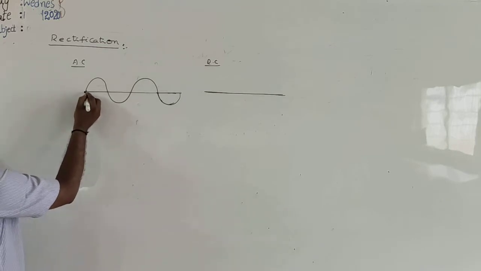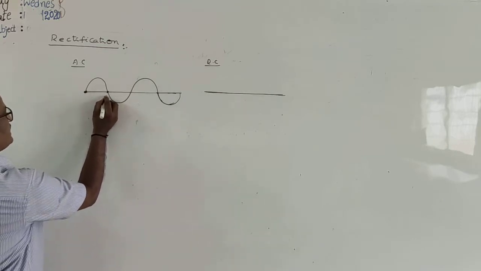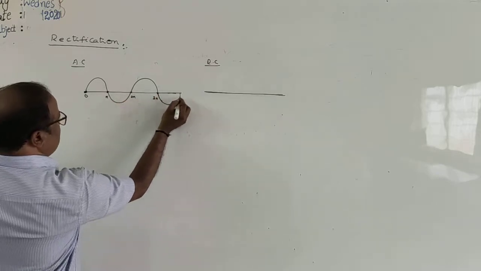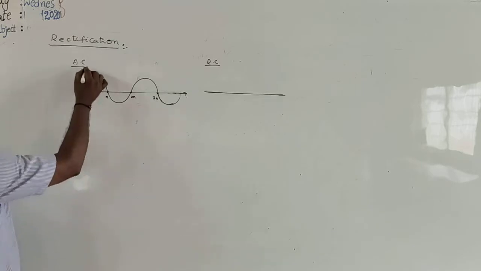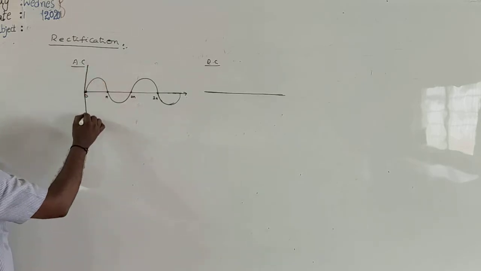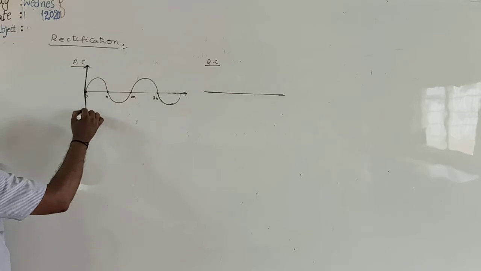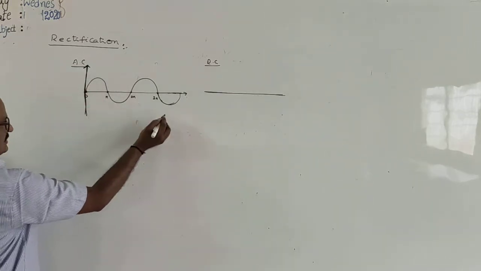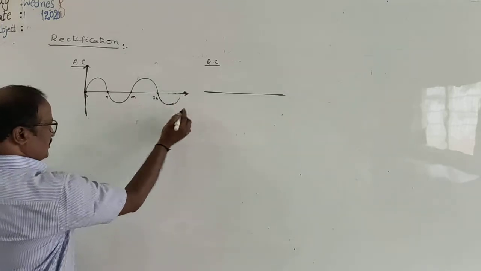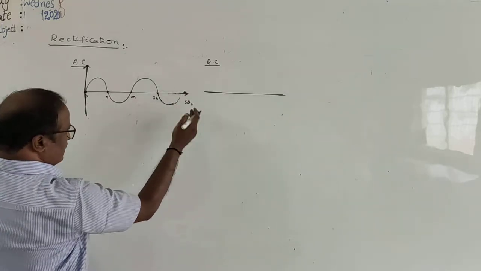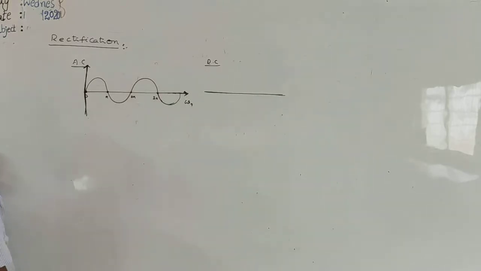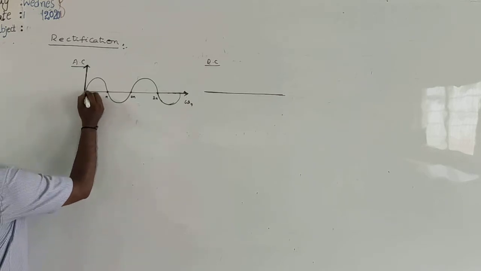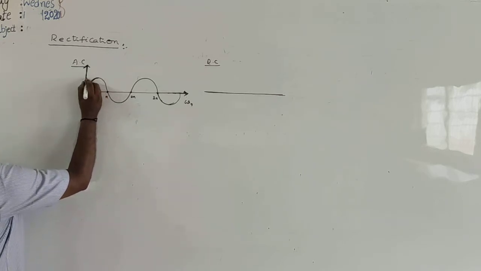See here, suppose this is 0, this is pi radians, this is 2 pi, 3 pi and so on. On the y-axis, let us take the potential difference or the current, and on the x-axis we will take omega t, or time. From 0, as time increases, the current increases and reaches a maximum value.